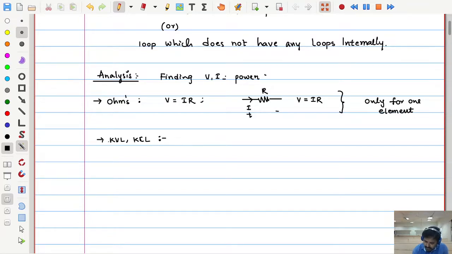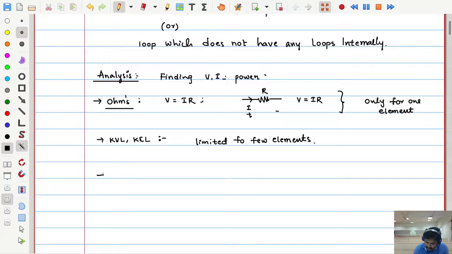So we went to Kirchhoff's voltage law and current law. But this may overcome the drawback of Ohm's law, but it is limited. The Kirchhoff's laws are limited to a few elements.